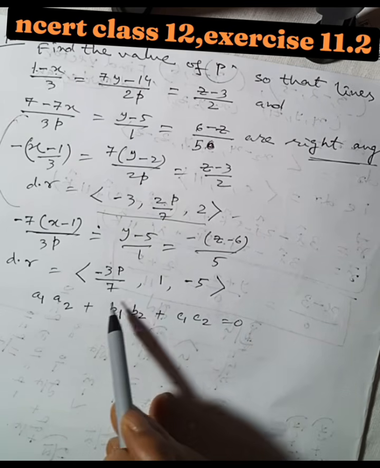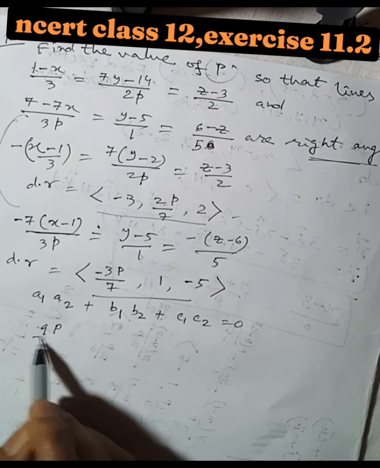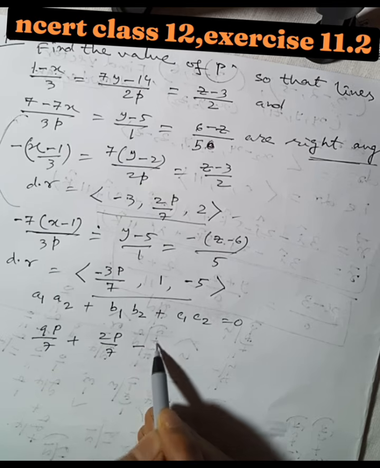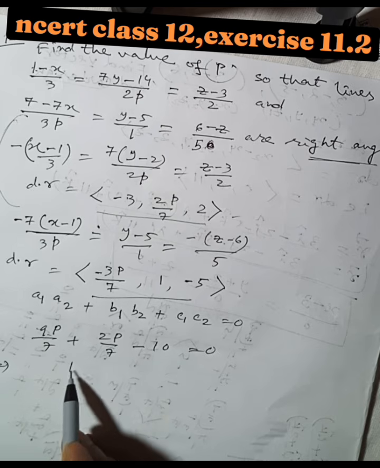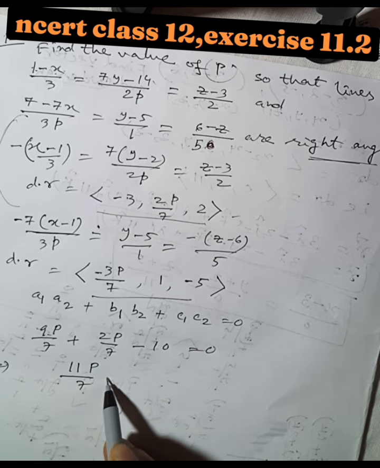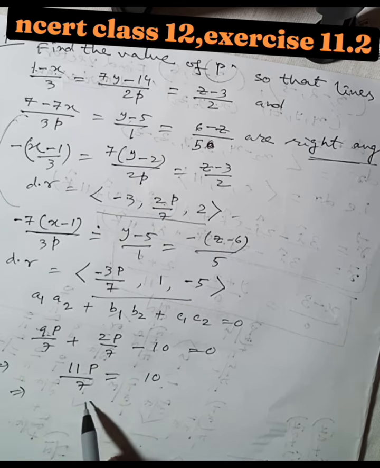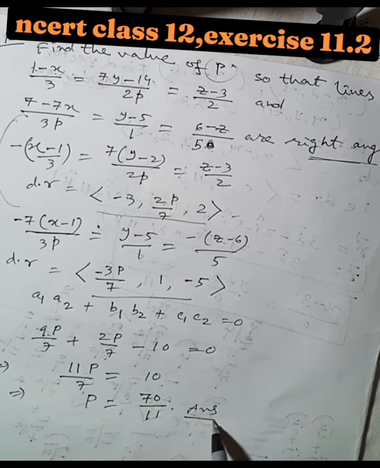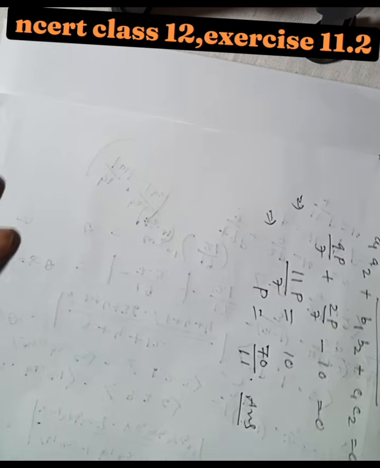Here 9p by 7 plus 2p by 7 minus 10 equals 0. Adding this, 11p by 7 minus 10 equals 0. So p equals 70 by 11. This is the answer of question number 12. Now we solve question number 13.